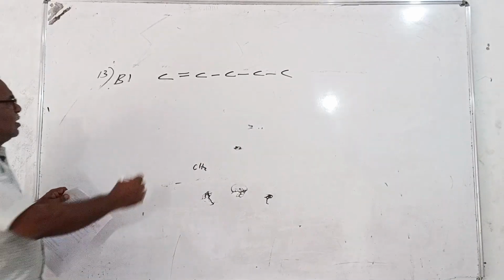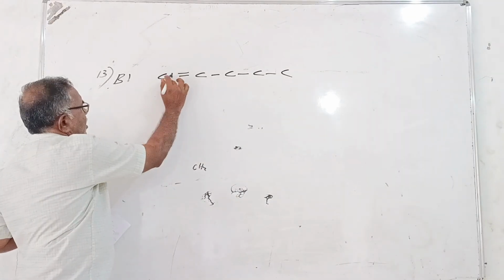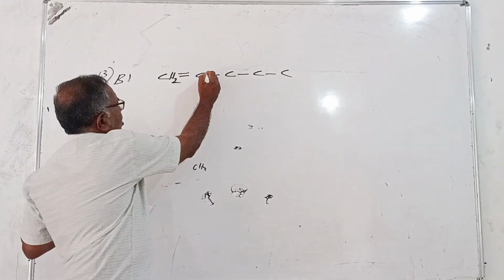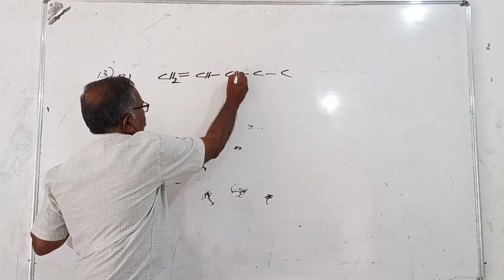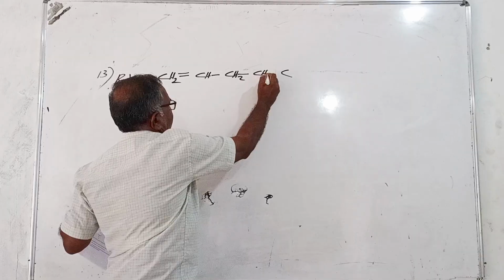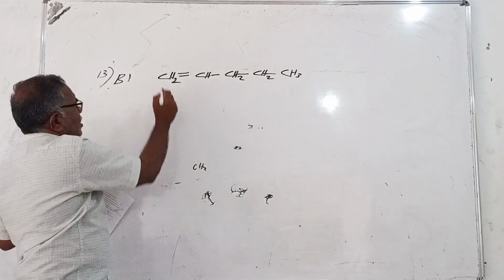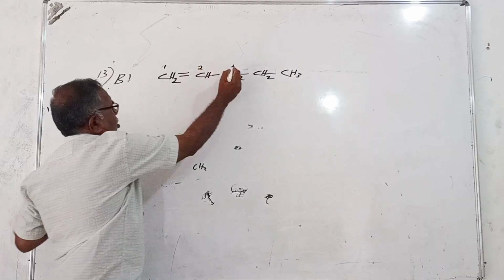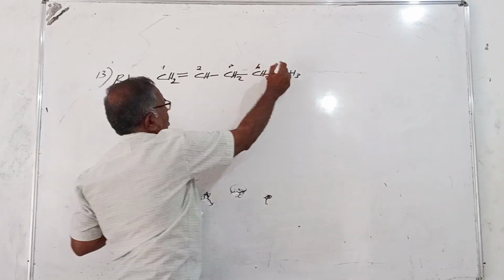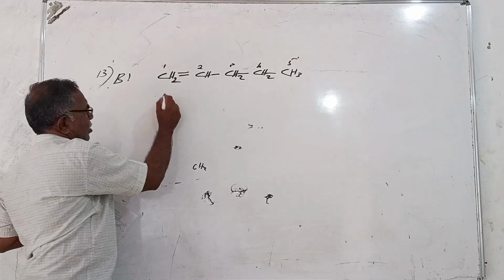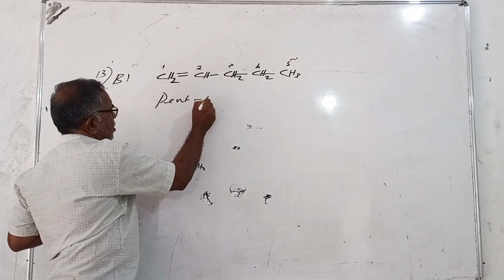So we write 2 hydrogen here, here only 1 hydrogen, here 2, here 2, and here 3. So we can write pent-1-ene. That is the name of this compound.